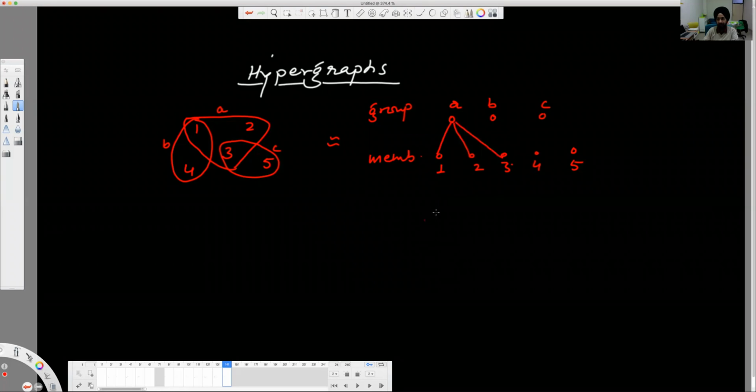So this is the way we make the edges between 2 layers, not within layer. Now B is having 1 and 4, right? So 1 and 4. C is having 3 and 5. Okay, so this is called a bipartite graph.